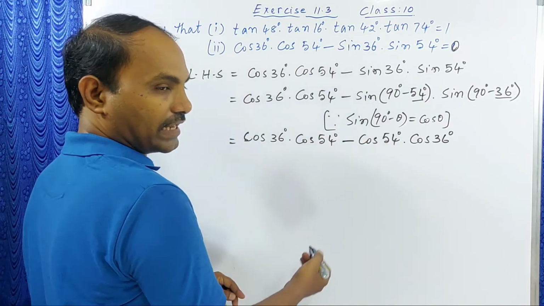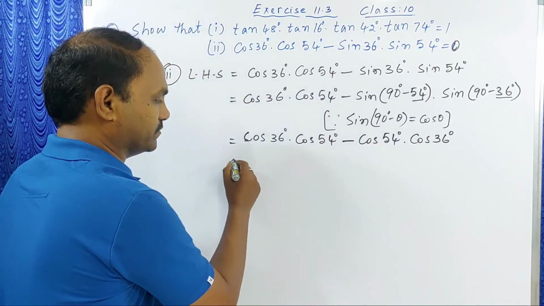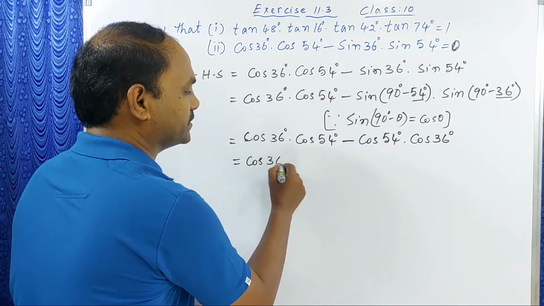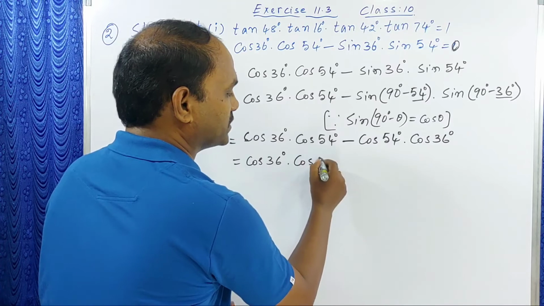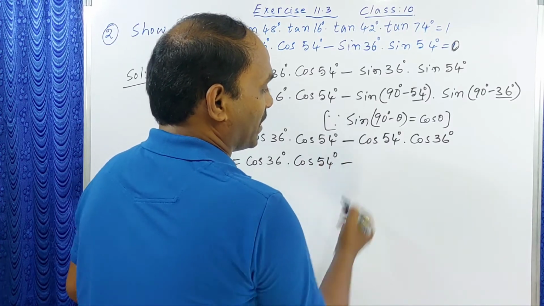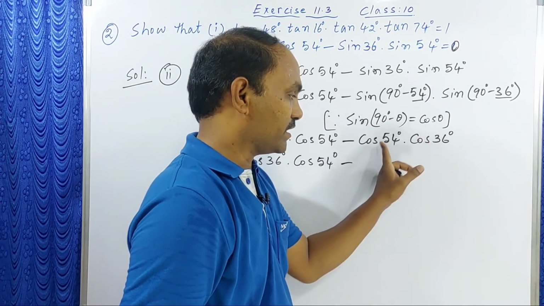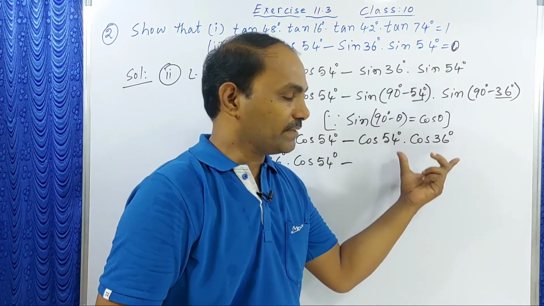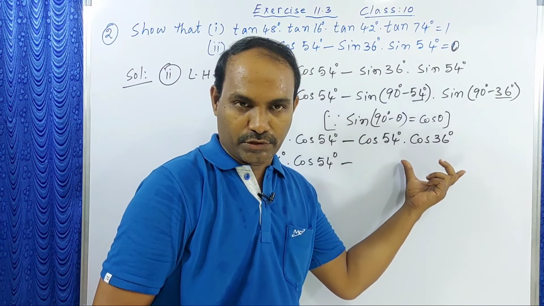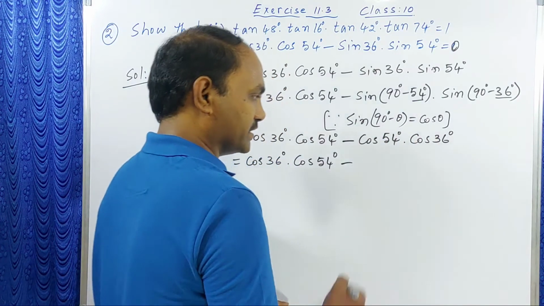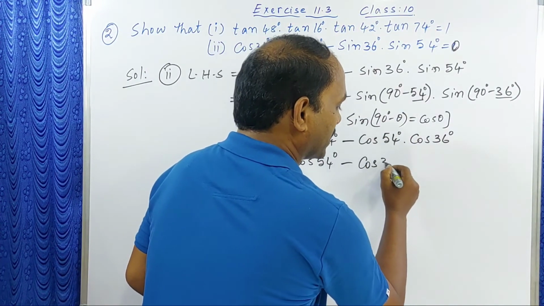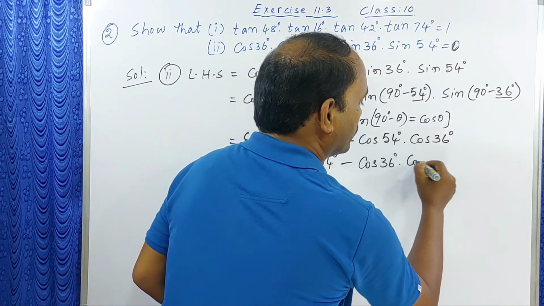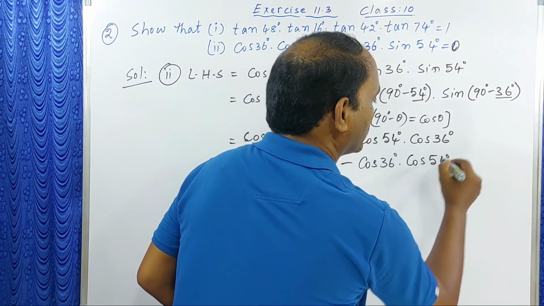Let me write in order: cos 36 degrees into cos 54 degrees minus, I will write this one here and this one here. Why? Because the multiplication in the middle is commutative, that is why we can change it: cos 36 degrees into cos 54 degrees.